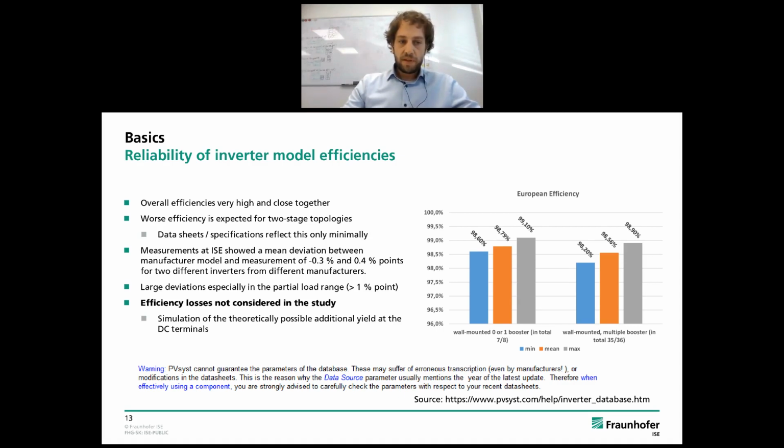We have an accredited test lab for power electronics here at the Institute, and we compared measurement values under standard conditions with the data from the data sheet, and we saw that the data sheet represents the inverter 0.3% or 0.4% worse than measured. We did this with two different manufacturers and two different devices, and we're always getting something in that range.